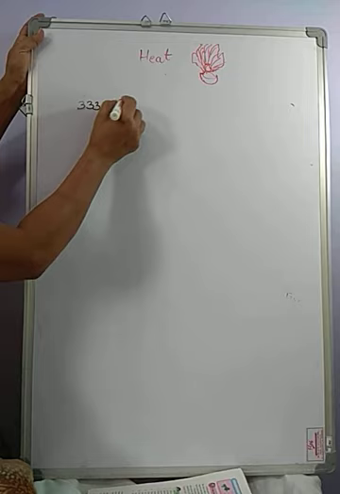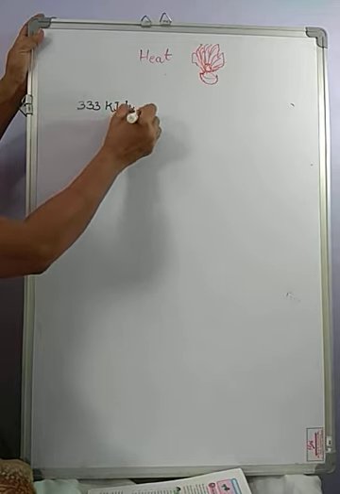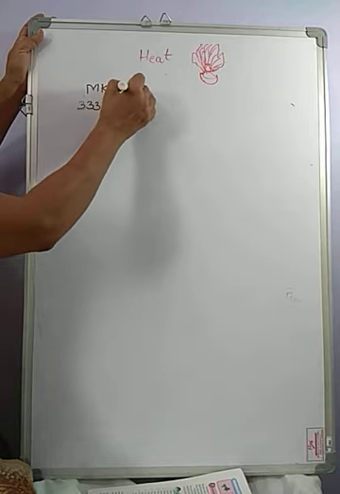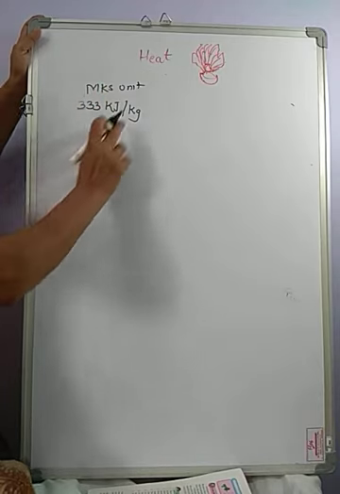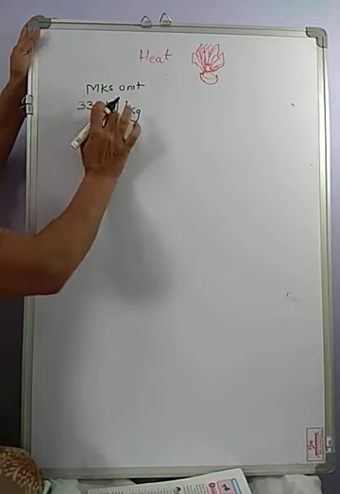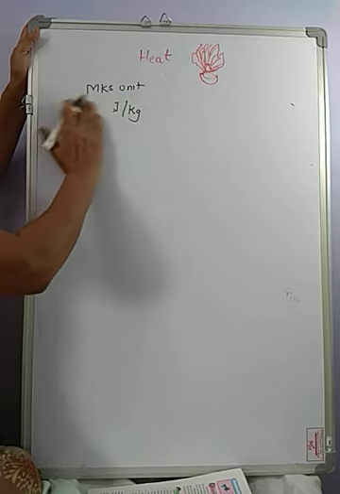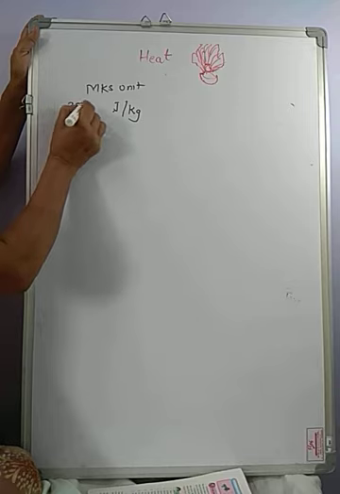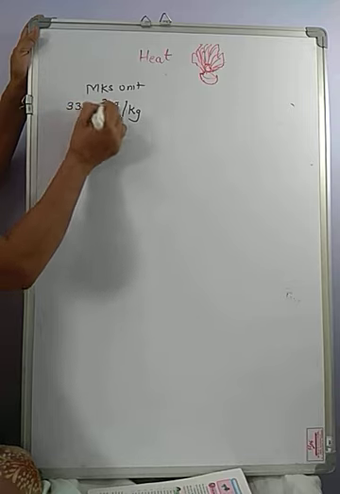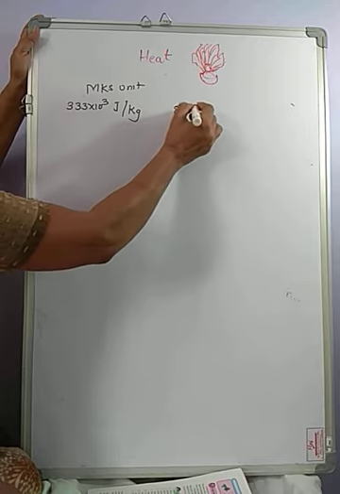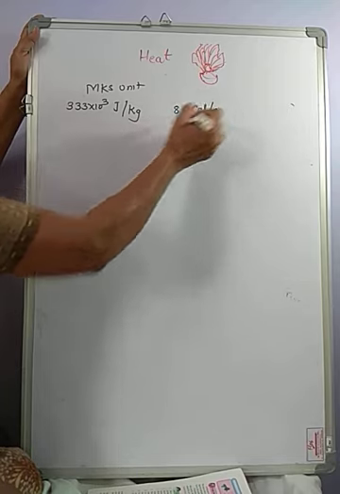333 kilojoule per kg, this is MKS unit, because kilogram is there. Kilojoule is MKS unit, but here instead of kilojoule we can write 333 into 10 to the power 3 joules per kg, and the same is written as 80 calories per gram.